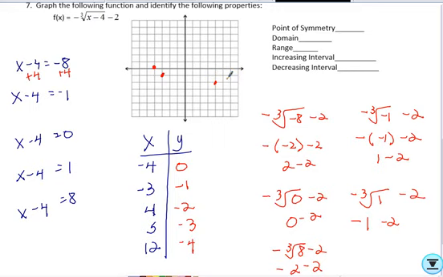Oh no. This is a positive 3, Miss Weiss. Okay, 1, 2, 3. That makes more sense. There's my 3 points to help. And then 12 is going to be way out here. All right.